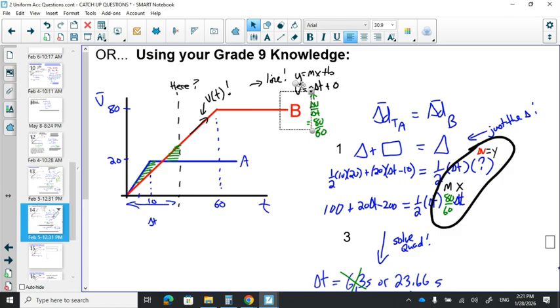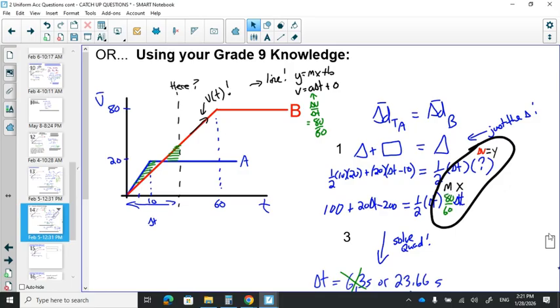You could say, okay, well, this line right here is y equals mx plus b, and that's when they're meeting, right? And so the y's the v's and the x's the t's and the slope's the acceleration, right? So I can actually have my v equals the 80 over 60 t. And so that 80 over 60 t can go in as that y value.